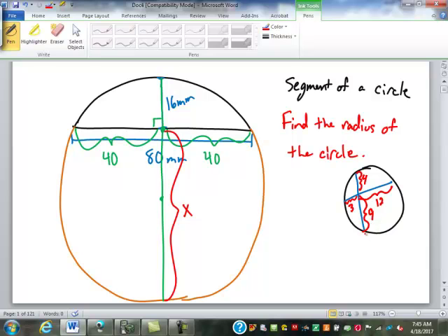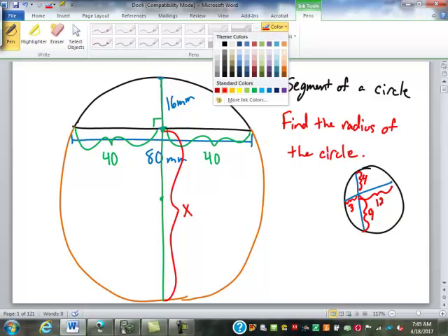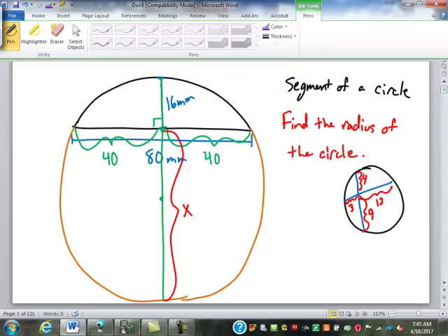Had to be 9. Because the two pieces of the chords had to multiply up to the same number. 3 times 12 is 36. 4 times 9 is 36. So the two chords cut themselves into pieces such that the product of those pieces is the same for each chord.